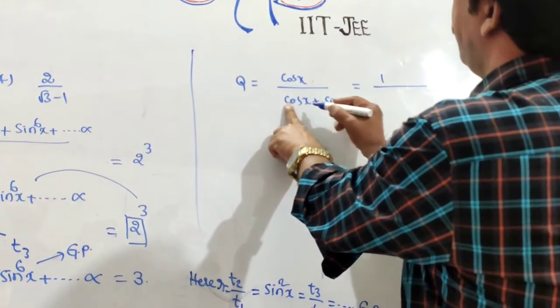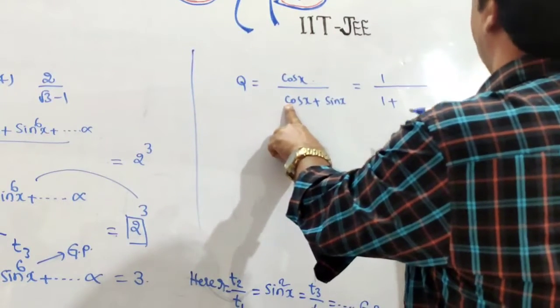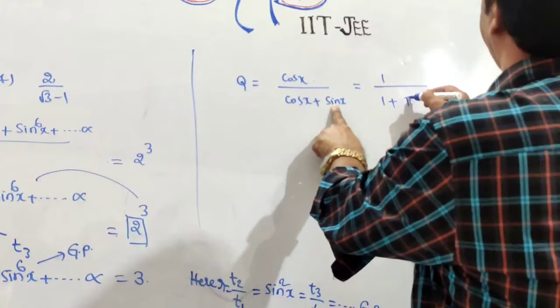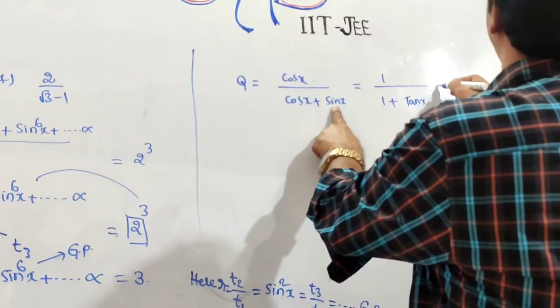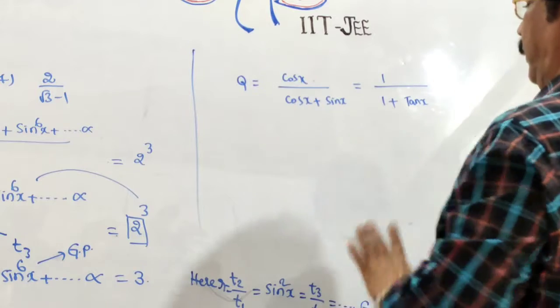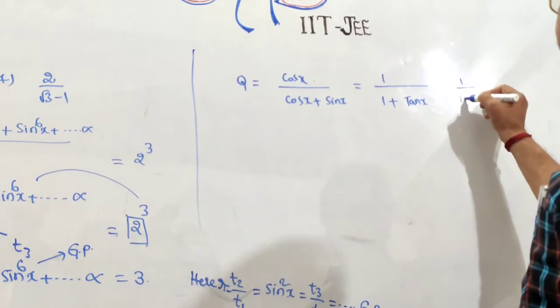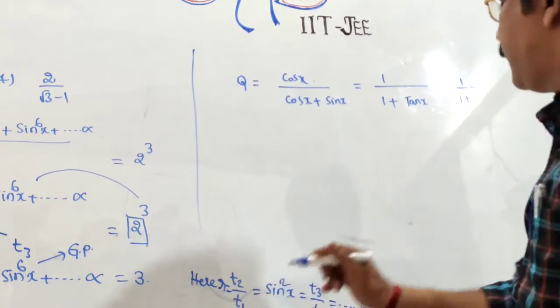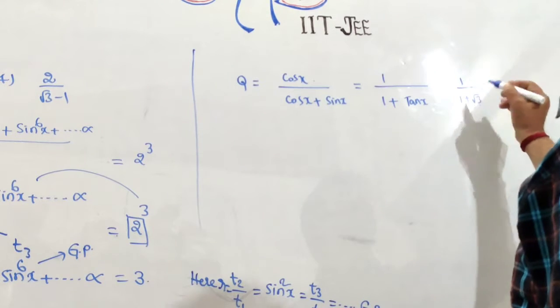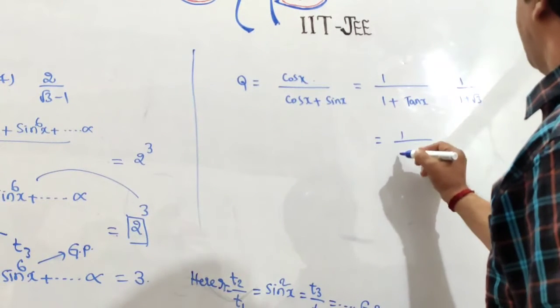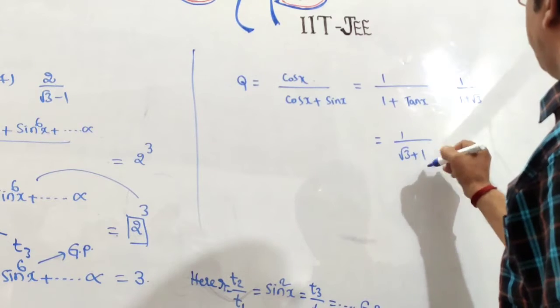Next, in the denominator, cos x by cos x is 1, and sin x by cos x is tan x. So it can be written as 1 divided by 1 plus tan x, whose value is root 3. So that is equal to 1 by root 3 plus 1.